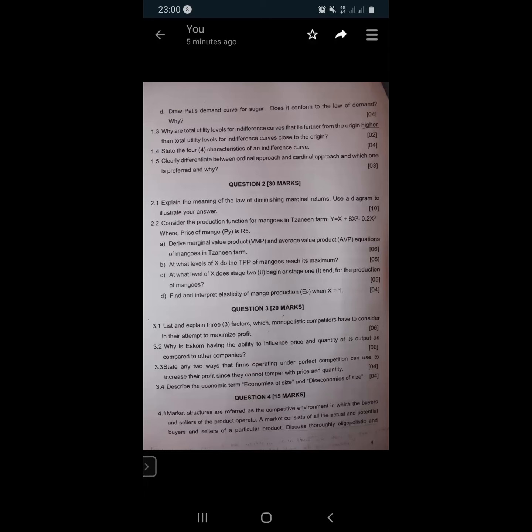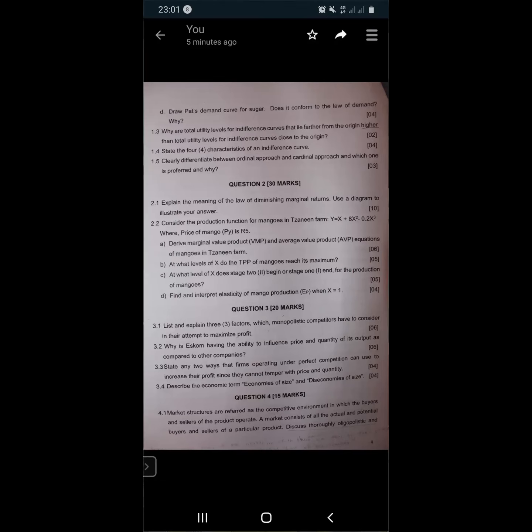Where does stage 1 end and stage 2 begin? Stage 1 ends when MPP equals APP. Good, that is true. Stage 1 ends at a point where APP reaches its maximum, and that is a point where MPP and APP are equal. So hopefully you still remember that graph.